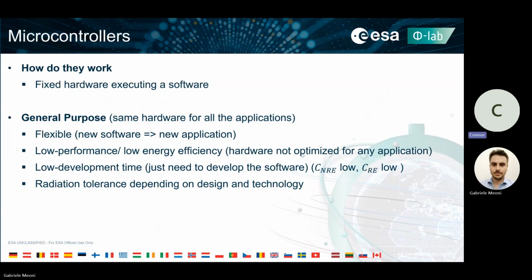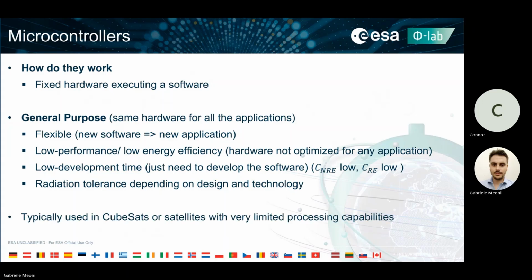So if you know how to program nowadays, you can program a microcontroller. Radiation tolerance really depends on the design and technology. They are typically used in CubeSats or satellites with very limited processing capabilities. Otherwise, to do AI inference, typically you will not use a microcontroller. You will try to use something else, unless you really need it, because you need to minimize the energy consumption.